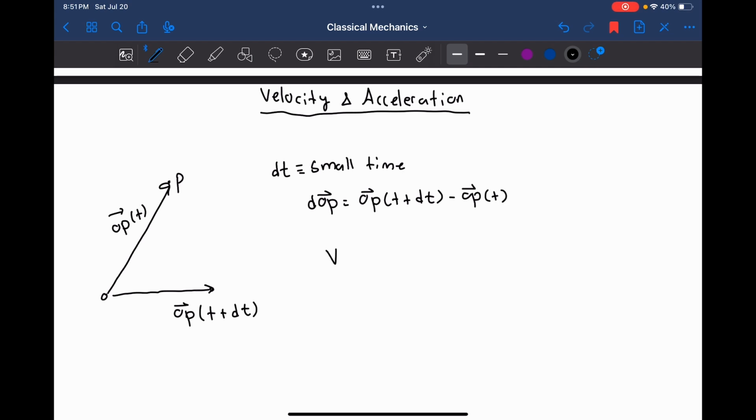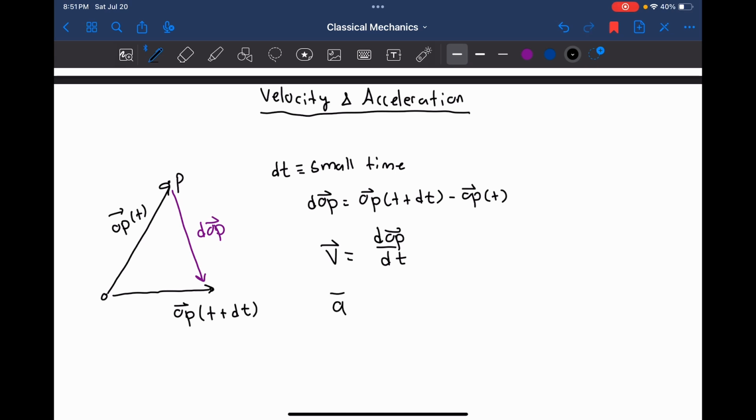And so it stands to reason that the velocity of this point is this displacement divided by a change in time. Which, by the way, with the standard tip-to-tail method of vector addition and subtraction, looks like this. Here's dOP, a displacement. We took a displacement and we quote-unquote divided by a very small amount of time, and that is the velocity.